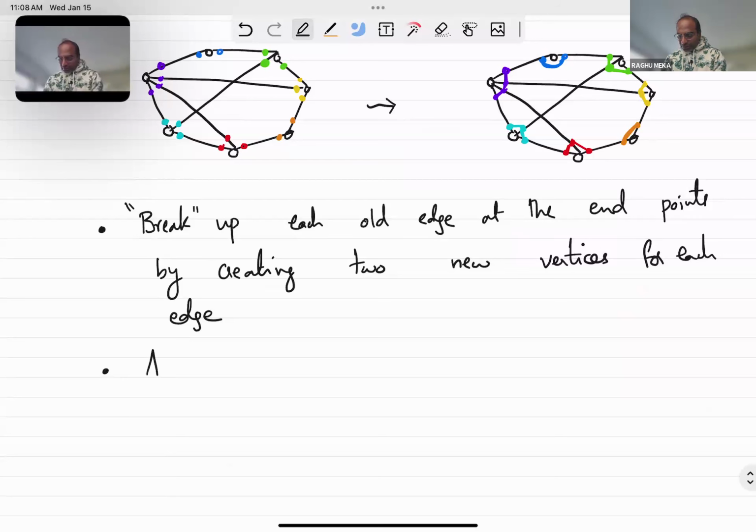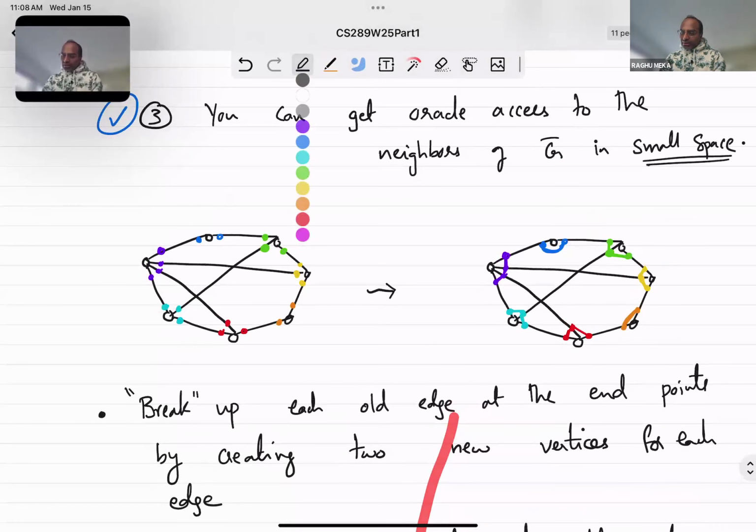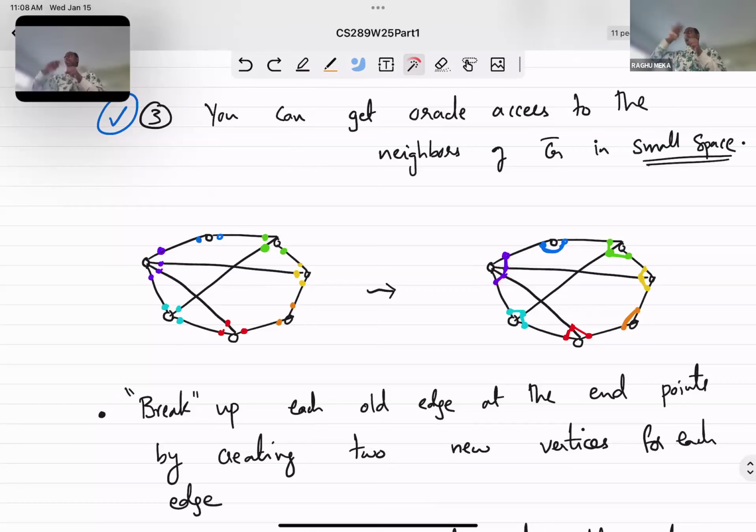After that, you add a local cycle at each old vertex. So when I do this, for each old vertex, I would create a certain number of new vertices which corresponds to the old degree. If I have 10 edges, I have now created 10 new vertices.